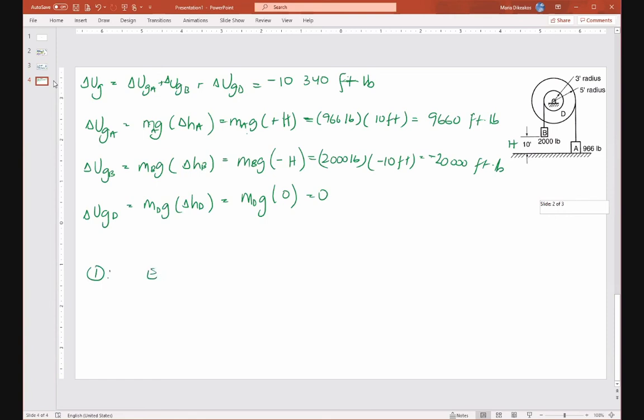I'm going to bring the delta UG over since we have it as a numerical value. Don't forget the minus sign because we brought it over. Delta K now.